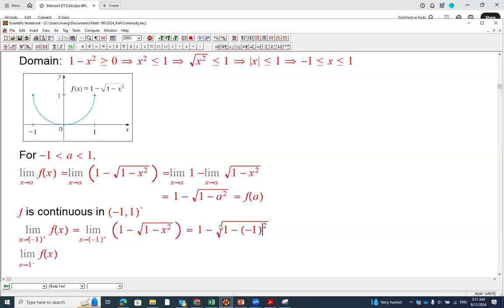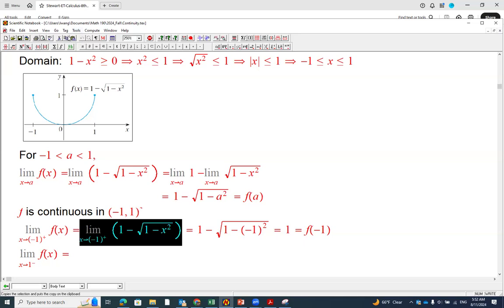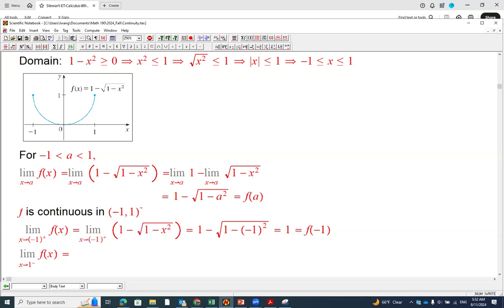The limit exists, we use limit laws. So this piece is going to be 0, so it equals 1. And is the function at -1 equal to 1? So f of -1, you just plug in -1. It's the same, okay?